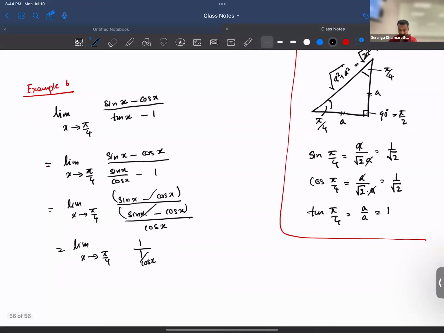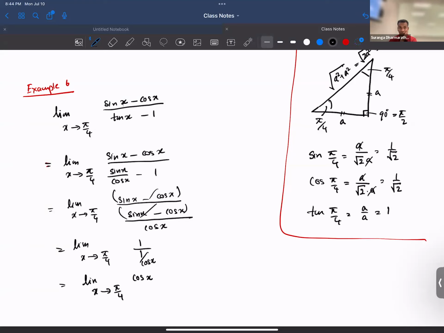Okay. So 1 divided by 1 over cosine x is just cosine x, right? Does that make sense? It's cosine x.